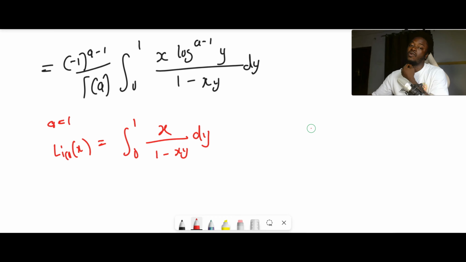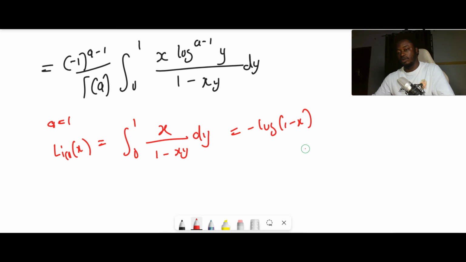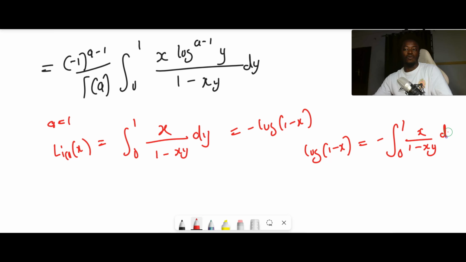And this is actually equal to negative logarithm of 1 minus x, and that is the truth, because the logarithm of 1 minus x is equal to negative times the integral from 0 to 1 of x over 1 minus x y dy.